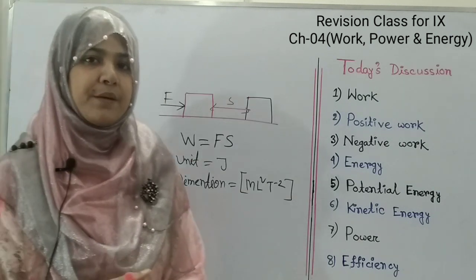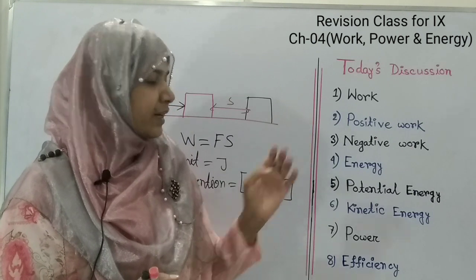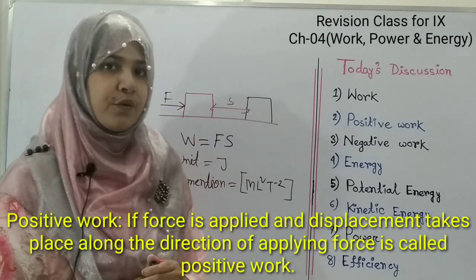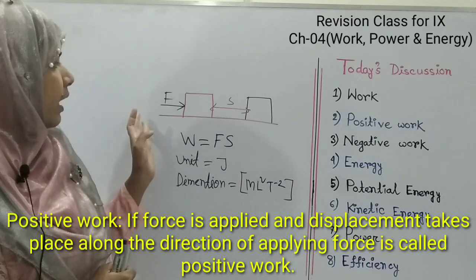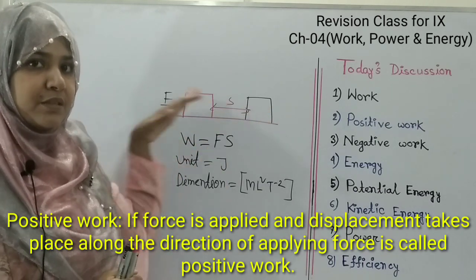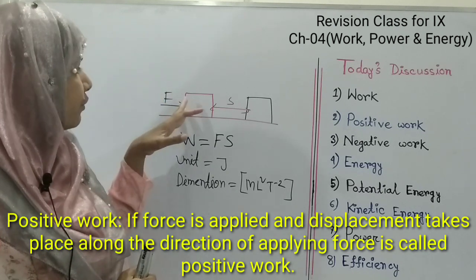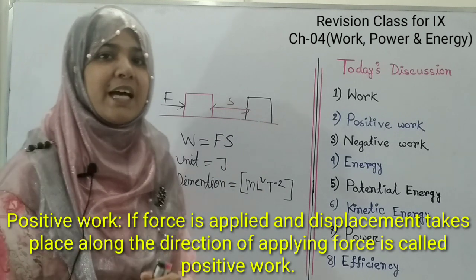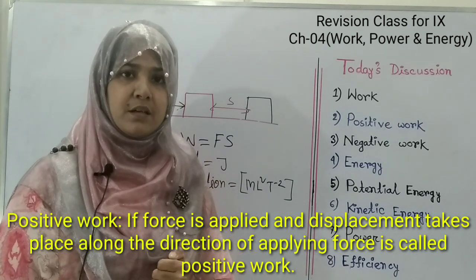Work is of two types, positive work and negative work. If we apply the force and the displacement happens in the same direction as the applied force, then we can say that positive work is done.